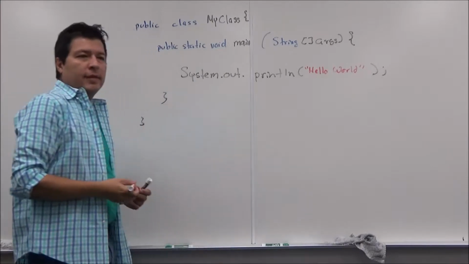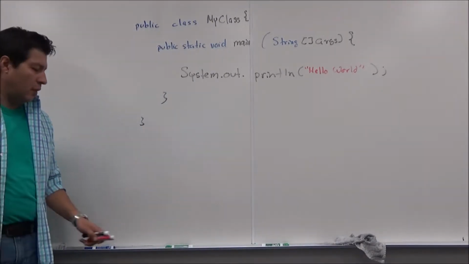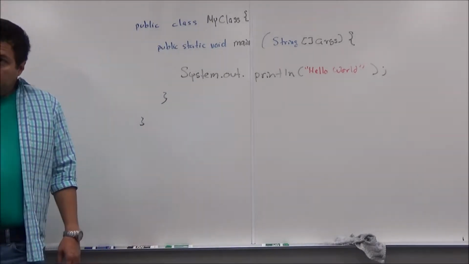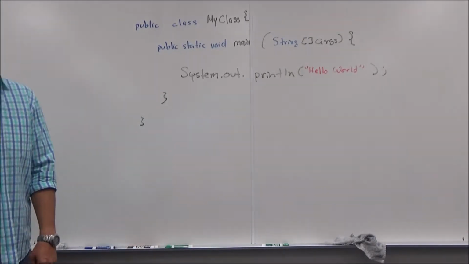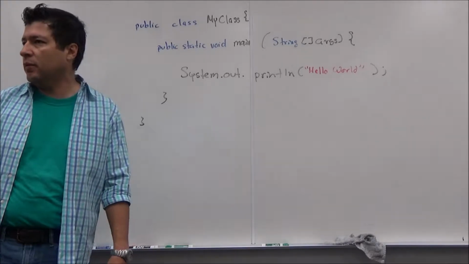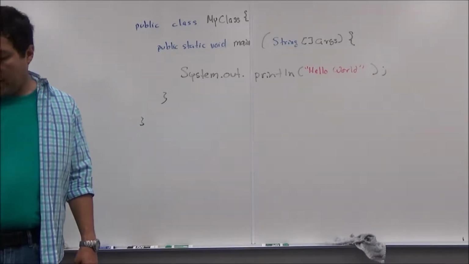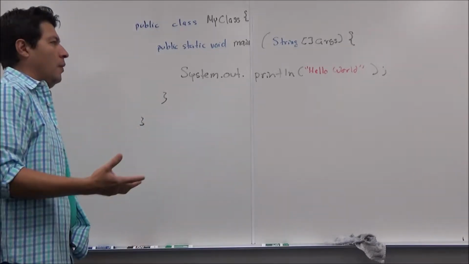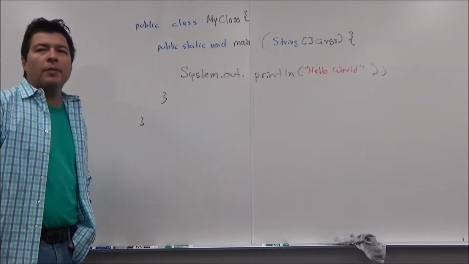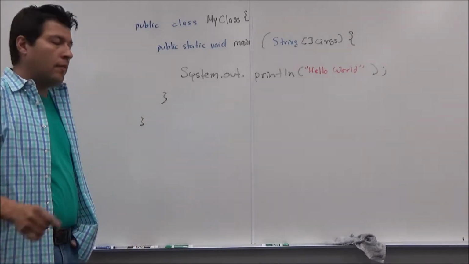So that's what you did last time, right? And you were supposed to bring a flash drive, or if you have Google Drive, whatever. You need to save your programs so you can use them in the next class.